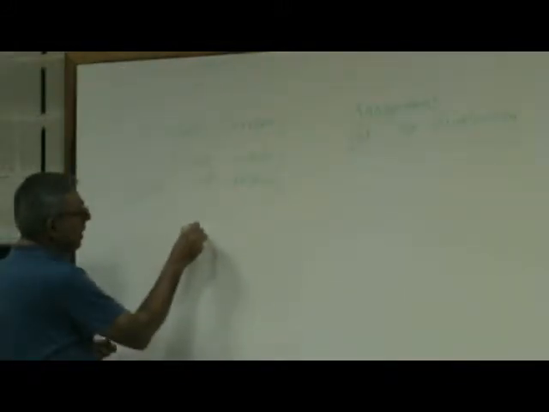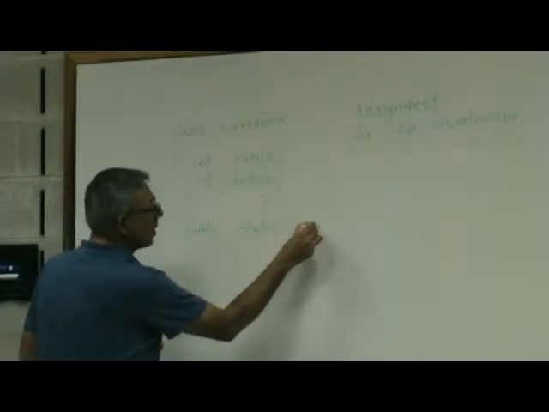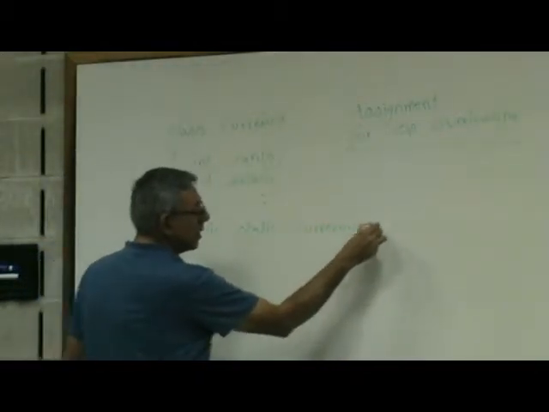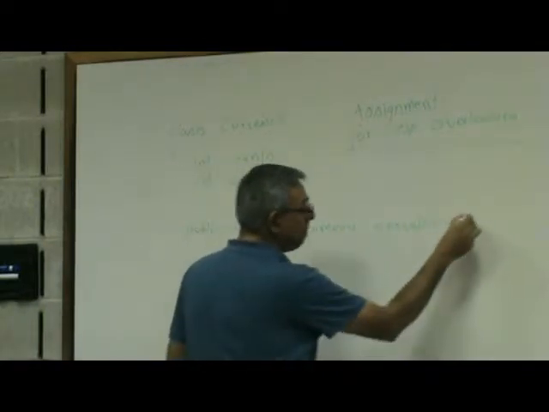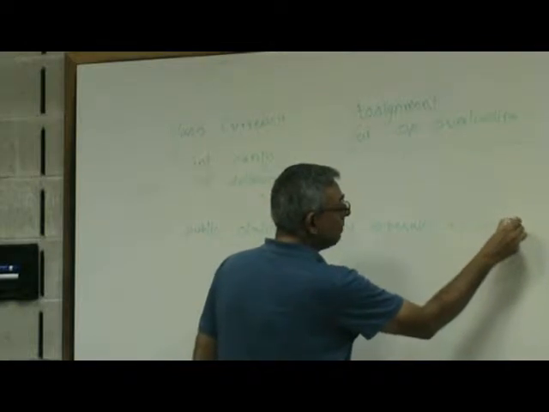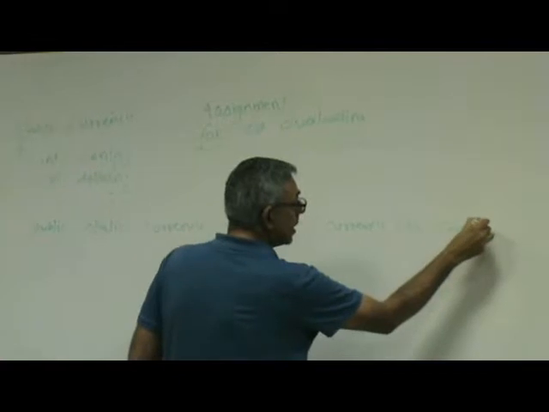Okay. And then you define public static currency operator plus, currency left hand side, currency right hand side. Okay.